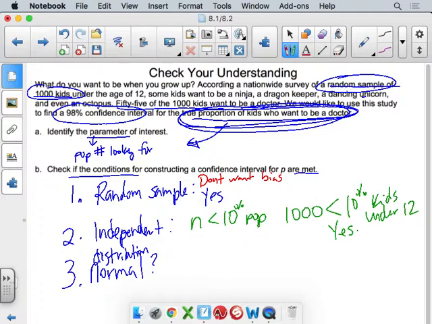There are different ways to do it for p's and means, x bars. For p's, to see if it's normal, you have to check: is n times p and n times 1 minus p bigger than or equal to 10?